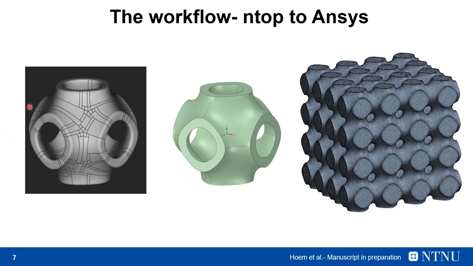So the picture to the left shows a Schwarz structure, which is meshed and exported as STEP to ANSYS, where it is cleaned and patterned to the desired size. The structure is then meshed in the ANSYS meshing module, and a sensitivity analysis is performed on the mesh to ensure the quality.